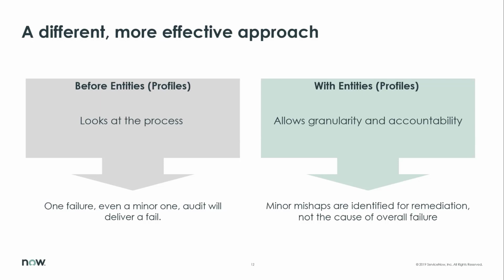So these minor missteps you can identify quickly and address without affecting the overall compliance or the overall risk of the entire organization globally. It gives you that focus or granularity to hold individuals accountable where they need to be held accountable. It's an asset-centric view of governance, risk, and compliance, and it really is a shift in mindset and a different way of looking at things that can make a huge improvement in the way that you look at and measure compliance and risk activities.